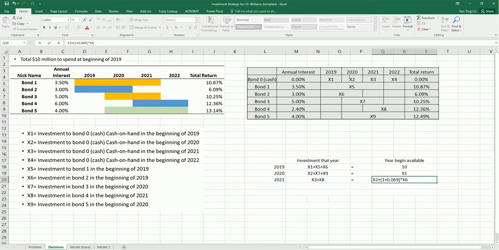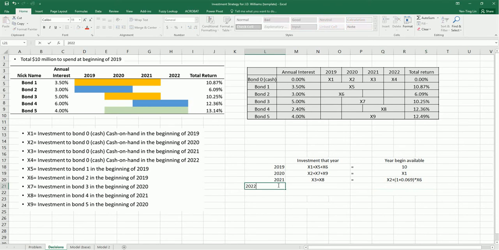That's the amount we will get out of bond 2 at the end of 2020. Bonds 3, 4, 5, well, they are not mature or not open yet. So that's the total source of funding in 2021.